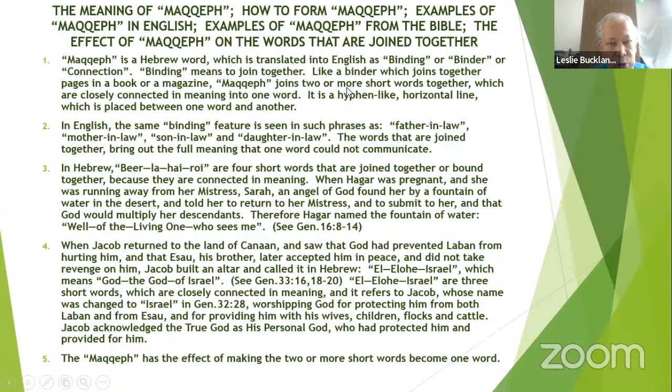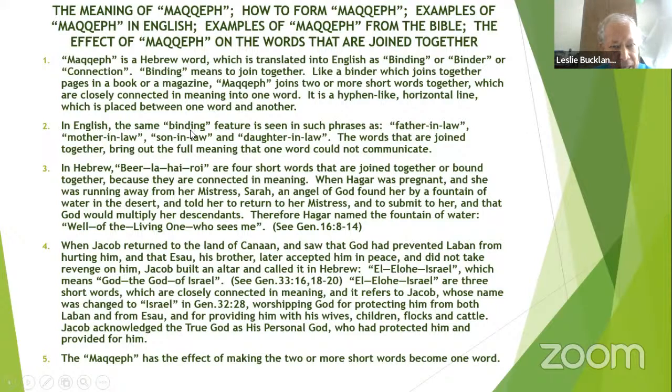Makef joins two or more short words together, which are closely connected in meaning, into one word. It is hyphen-like, just like you see the hyphen here between hyphen and like. It is a hyphen-like horizontal line which is placed between one word and another.